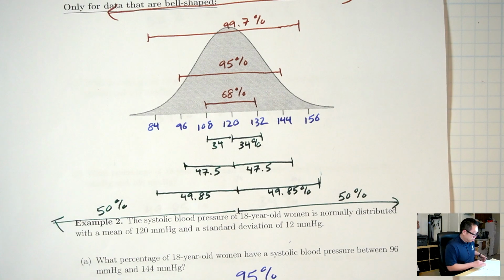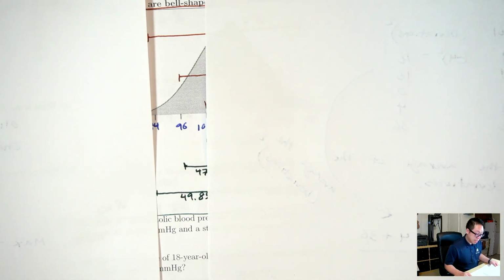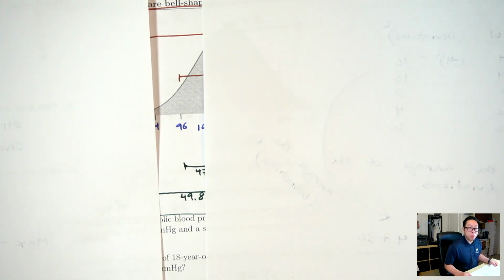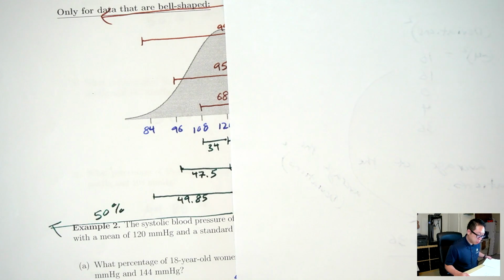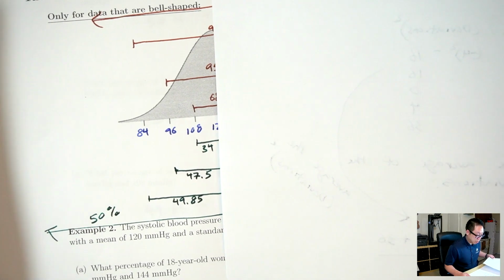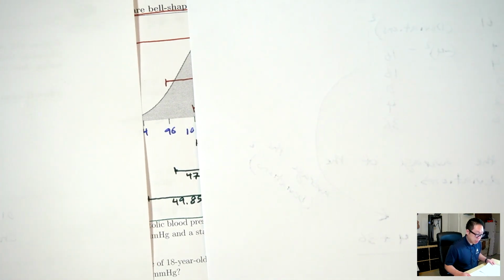But let's think about this in terms of, do we want a small piece or do we want a big piece? 84 to 108 is pretty small, so I do expect my answer to be small. Definitely less than 50% for sure, because 50% would be 120 all the way to the left.